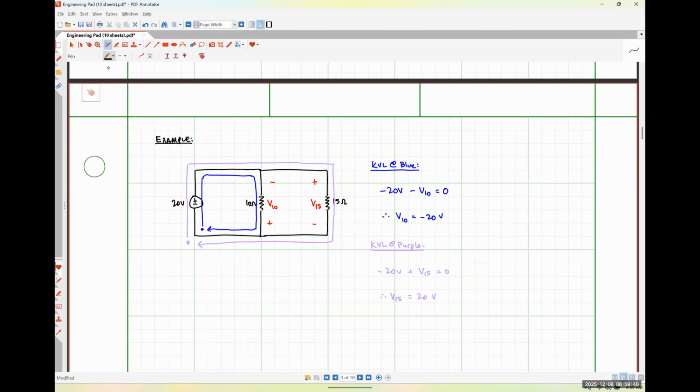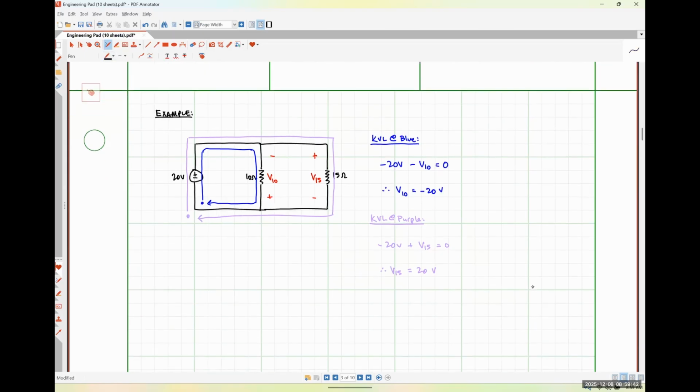encapsulating all of that into a simple statement: elements connected in parallel with the same polarity will have the same voltage.